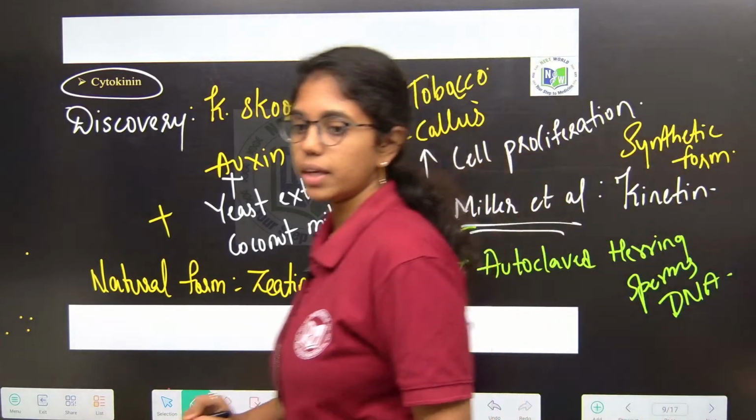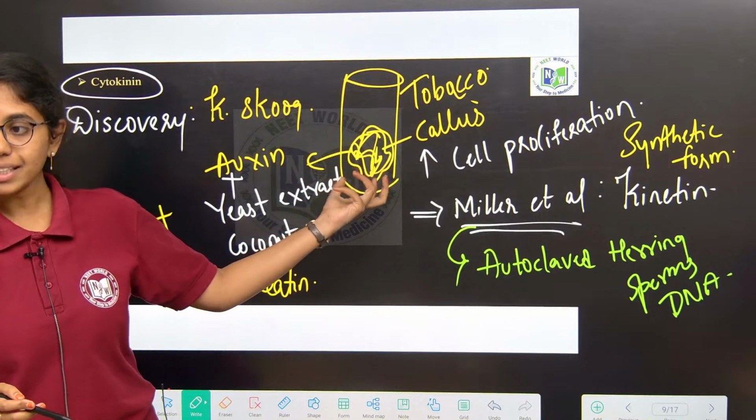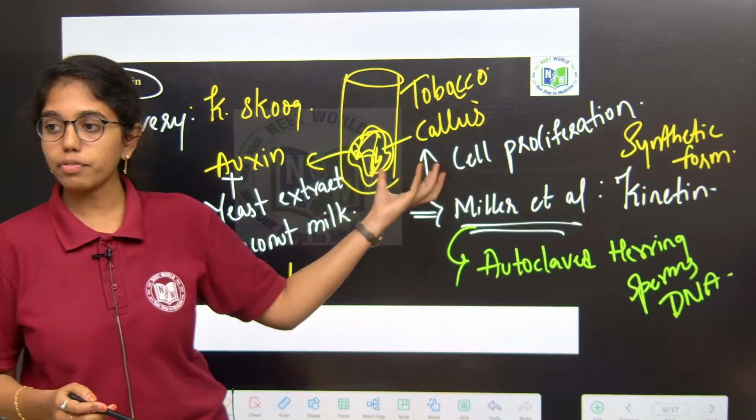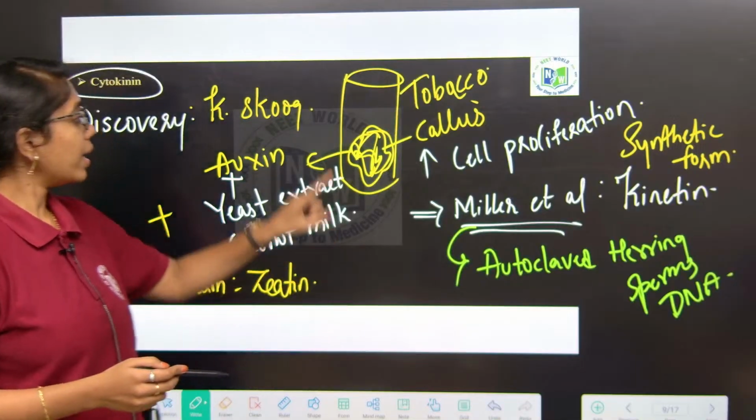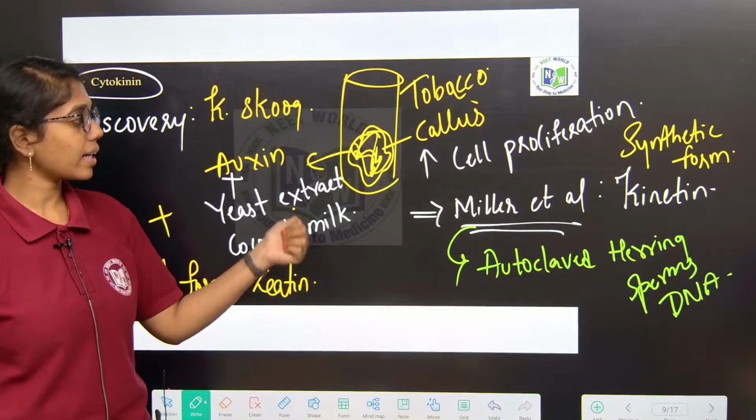Clear with the discovery? First it is K. Skoog. What did he observe? In tobacco callus, cell proliferation and internodal length increased when it was supplemented with auxin, along with yeast extract and coconut milk.